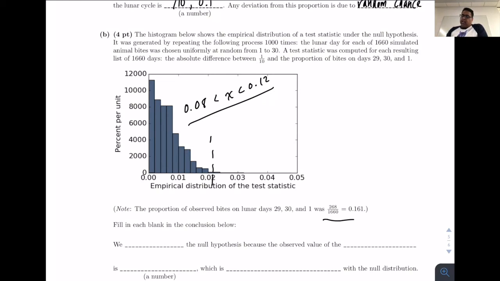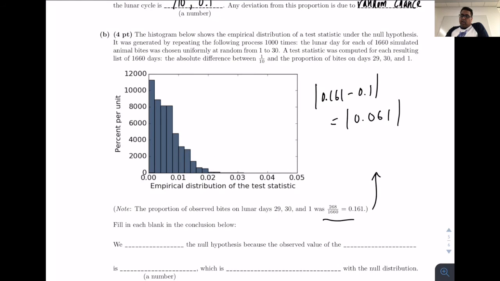But then if we calculate the absolute difference between 1/10 and the test statistic, we'd have 0.161 minus 0.1, which would be 0.061. If you look on this graph here, that kind of value is nowhere to be found, right?